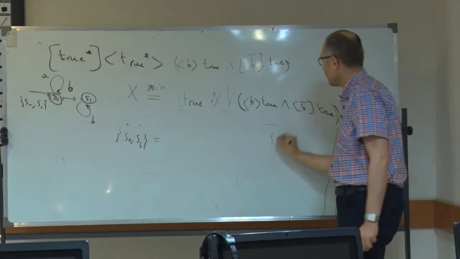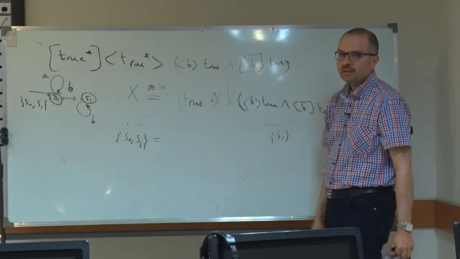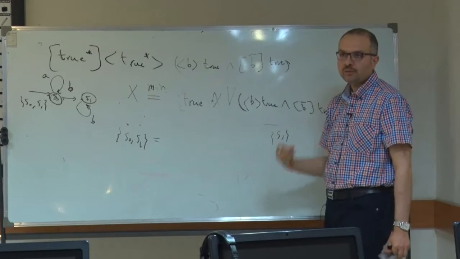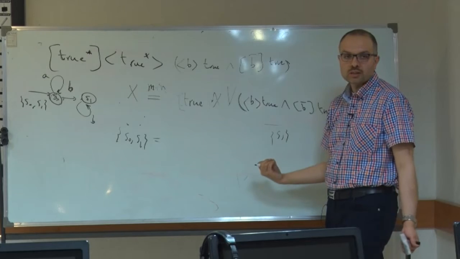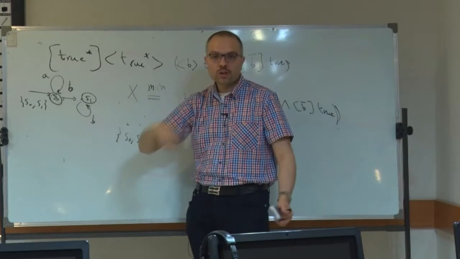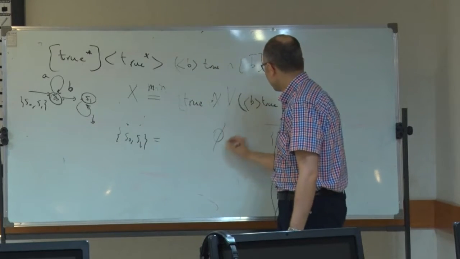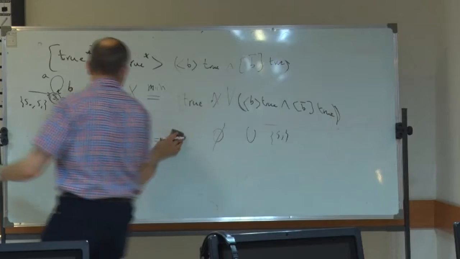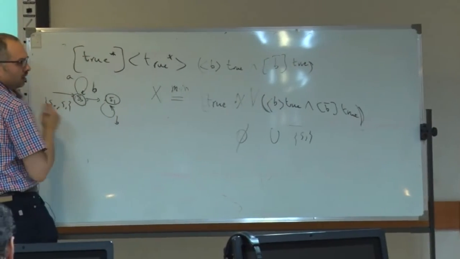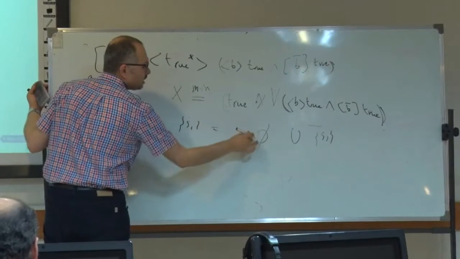S1. Which states satisfy no matter what you do, you end up in the empty set? No matter what you do, you end up in the empty set. No state, right? In all these states, you can do something, so no matter what you do, you go out of the empty set, right? So you get the empty set back. So the empty set union with S1, you get what? S1.